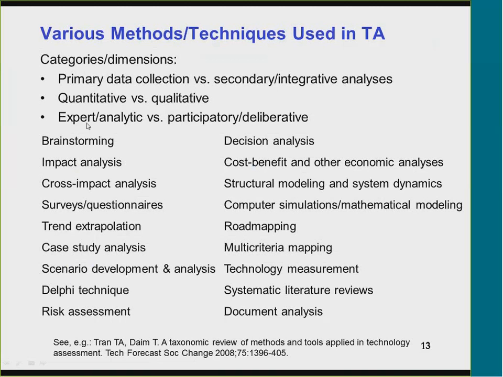Then there are those that are used typically by experts for certain forms of analysis or participatory deliberative approaches. And here you see a couple of columns worth of techniques or methods in no particular order. The idea again is that there is a toolkit, and I should say an evolving toolkit of methods available for use.